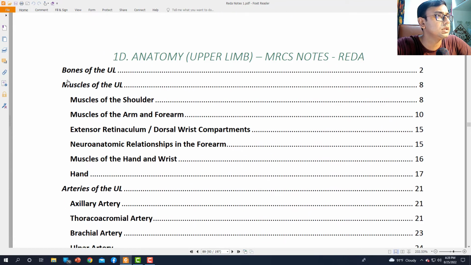So here we need the bones. What are the bones? Basic bones are composed of the upper limb, muscles of the upper limb, and the arm and forearm. Okay, so muscles. Now the retinacula, compartments, then neuroanatomic relationships of the forearm, then muscles of the hand and wrist, and hand anatomy, because there is a topic of hand anatomy.